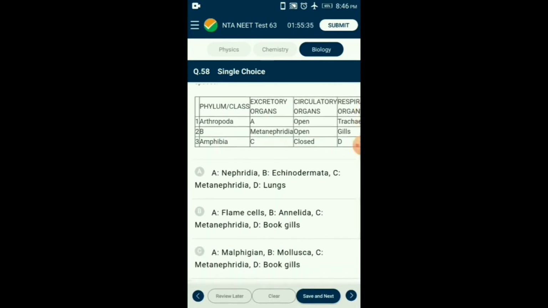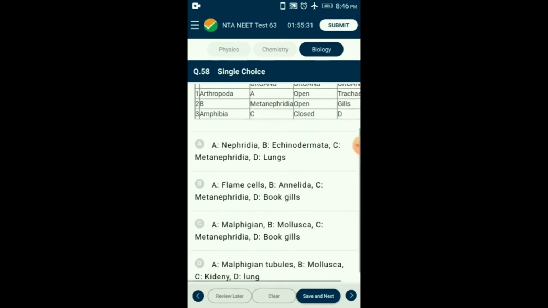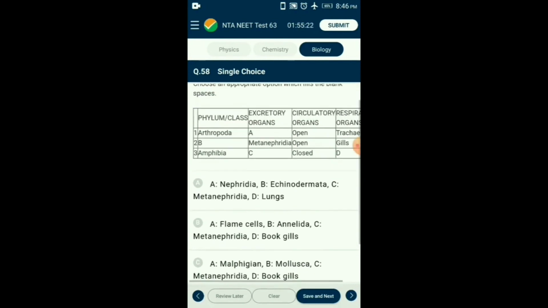They respire with the help of trachea and book lungs. Mollusks also have a well-developed excretory system using tubular nephridia, organized as kidneys. They respire with the help of gills, which are also called ctenidia.